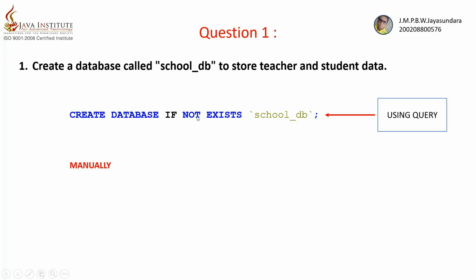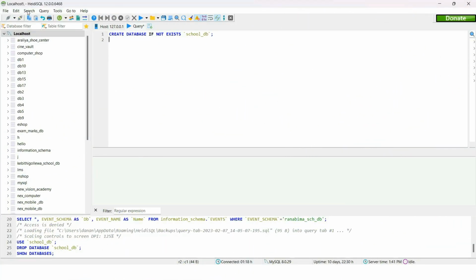So let's go and see how we can do this practically. This time we are using HeidiSQL to create our database. HeidiSQL is a third party database management software that helps us visualize our database. Here we have typed our query as create database if not exists SchoolDB. So let's run this code.